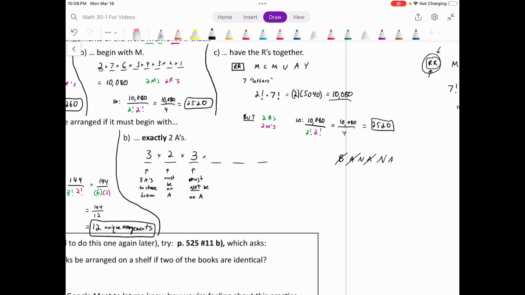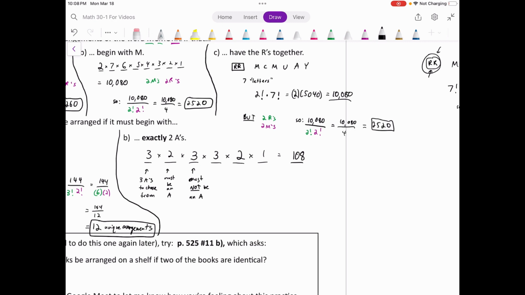So we actually kind of get a choice back here now, right? We could only use B and N here. Now we can use N or A, right? Assuming we use B there. So we've got 3 options again. We gained an option back on that next space. The A is back in play again. That's going to leave us with 2 letters after that and 1 letter after that. So multiplying this out, 3 times 2 times 3 times 3 times 2 times 1, what's that? That's 6 times 9 is 54 times 2 is 108.